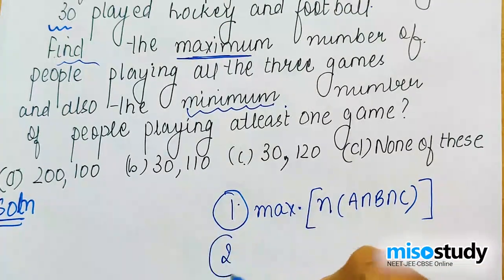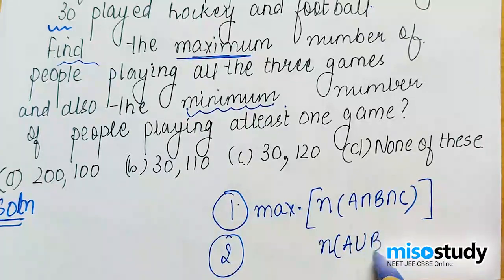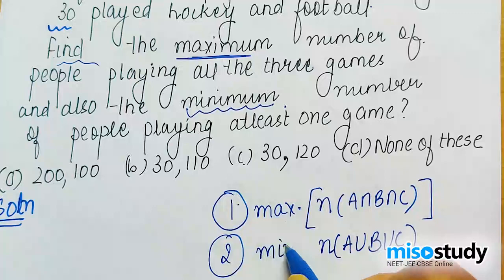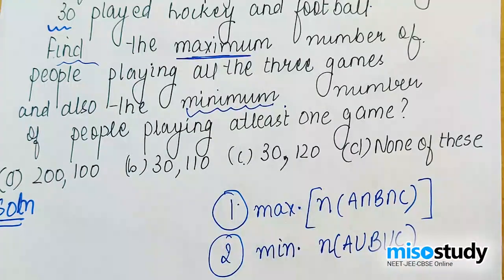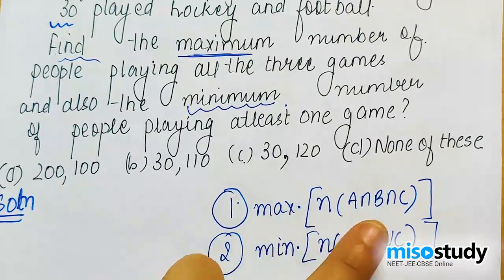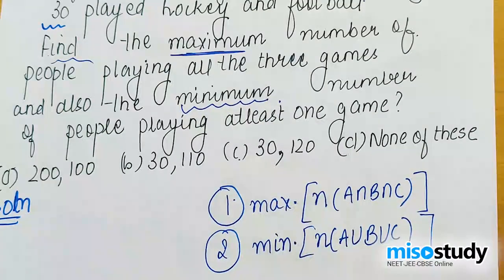That means you need to find out n of A union B union C, and that too the minimum. Alright. So I hope you are clear with the question that you need to find out the maximum of this and the minimum of this. I know some of you students must be confused about how you can find out the maximum of something or the minimum of something. Let's do the question so that things are a bit clearer to you.